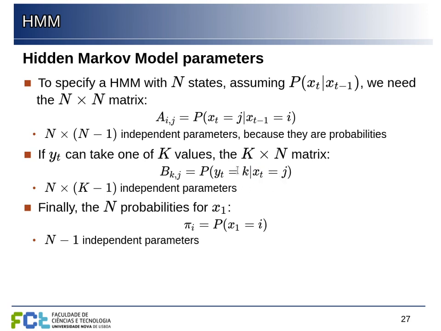So for each of the k symbols, we need to consider also each of the n states that we can be in. Again, these are probabilities, so they are not all completely independent, but we need these values to specify the probabilities of emitting any particular symbol from any particular state.